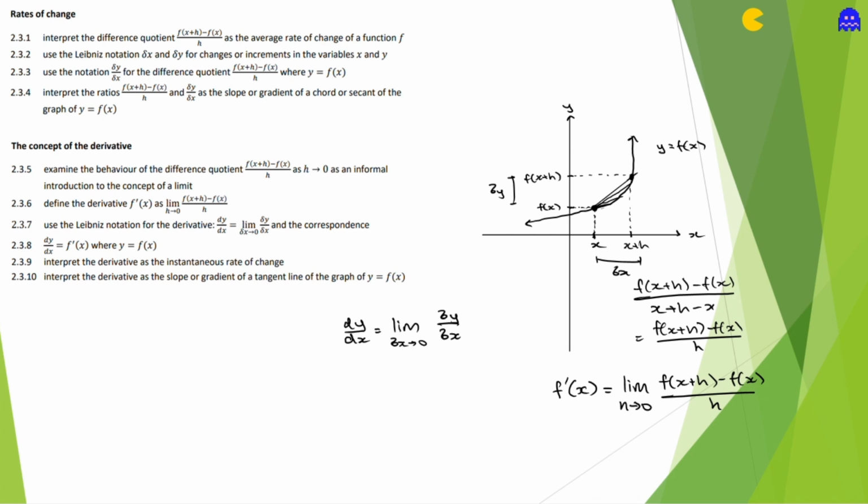And so that is the concept of a derivative. And this is something we're going to hash out a little bit more in some of the following videos, where we talk about the power rule and different applications as well. But this is referred to as first principles, and it is how we derive this branch of mathematics known as calculus.